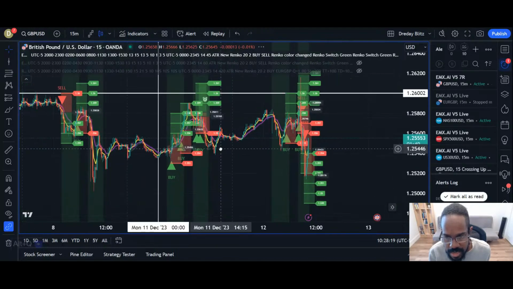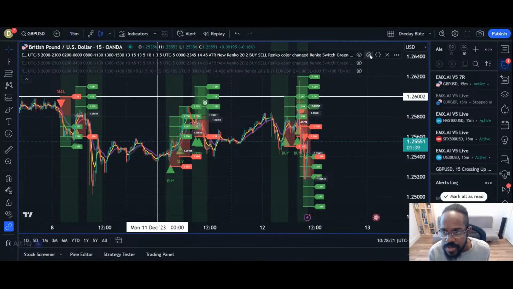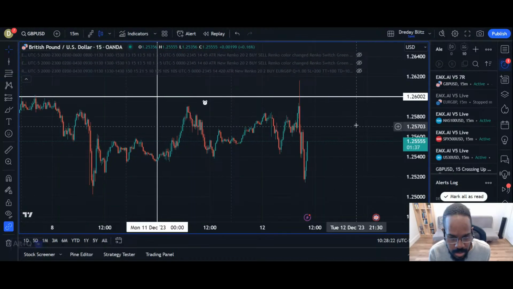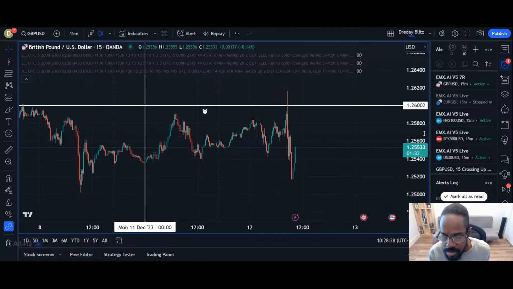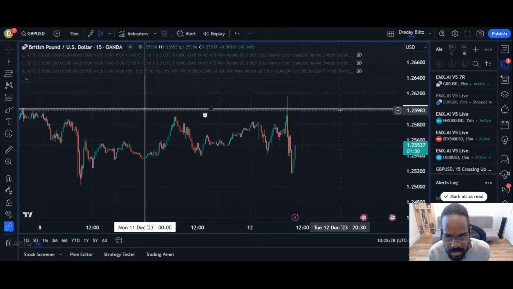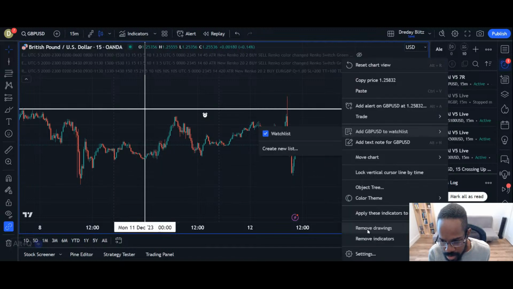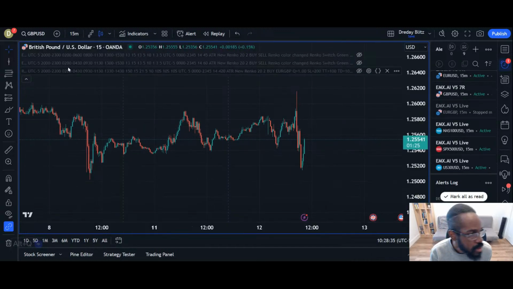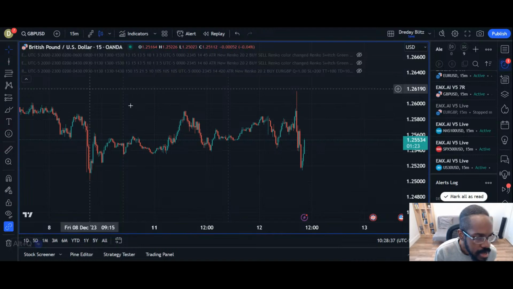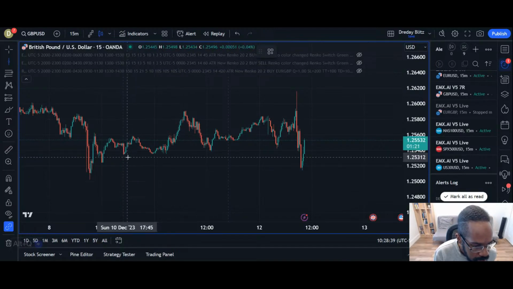So I'm just going to remove everything here. We're just going to look at the price action. So what exactly was done on the price action? I'm just going to remove the drawing here and re-add the Monday.